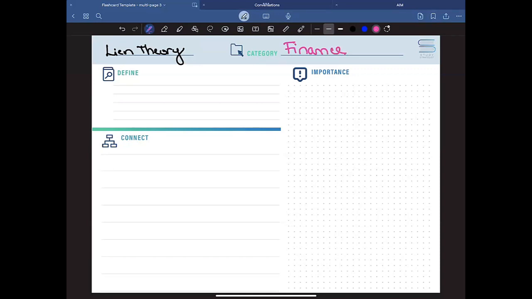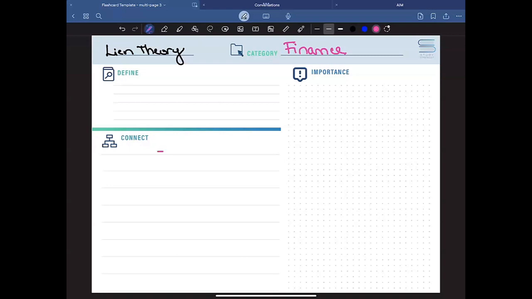Interesting. I'm going to assume, well, I'm not going to assume. You tell me, do you know what lien theory is? I kind of just broke it down. What is it? The lender takes the title, or is it the opposite? It's backwards. You're thinking of another word.